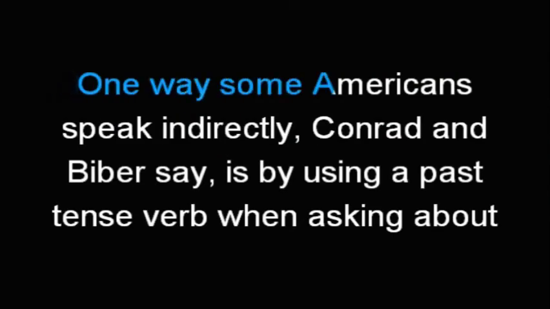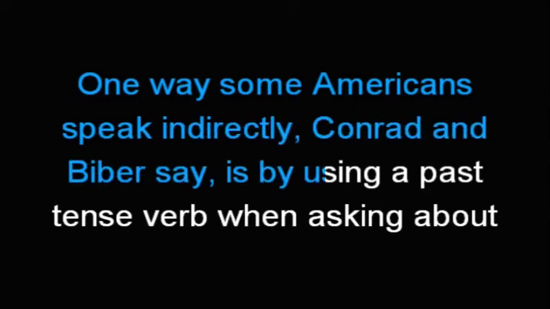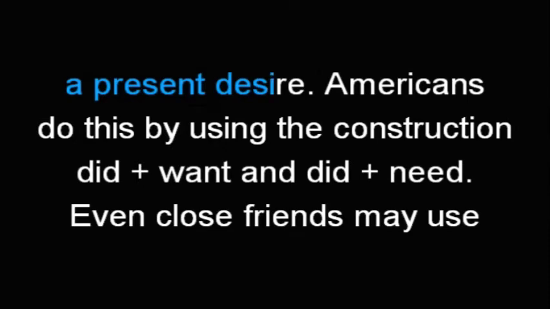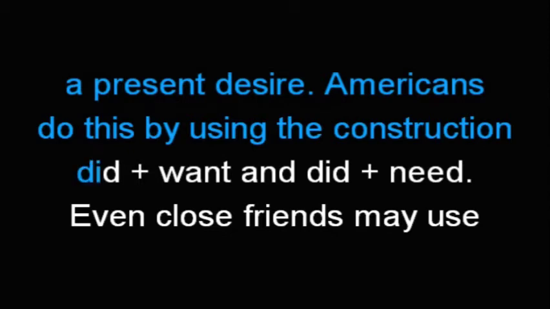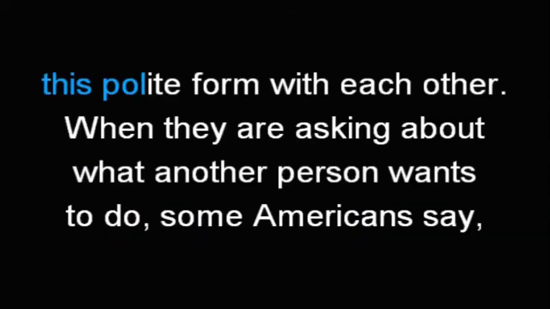One way some Americans speak indirectly, Conrad and Biber say, is by using a past tense verb when asking about a present desire. Americans do this by using the construction did plus want and did plus need. Even close friends may use this polite form with each other.